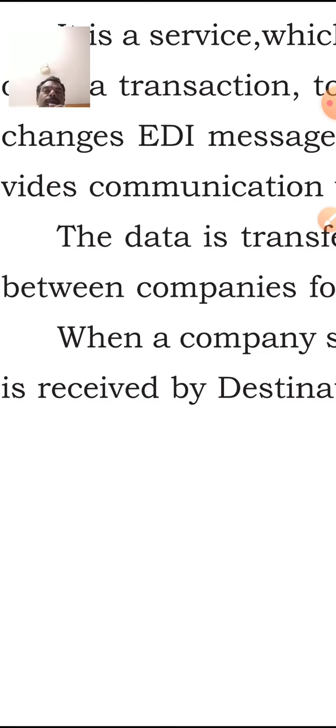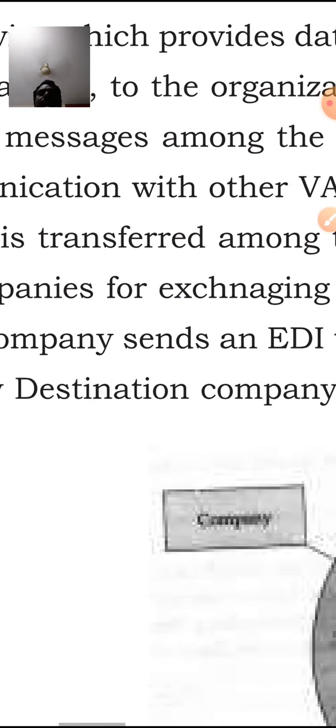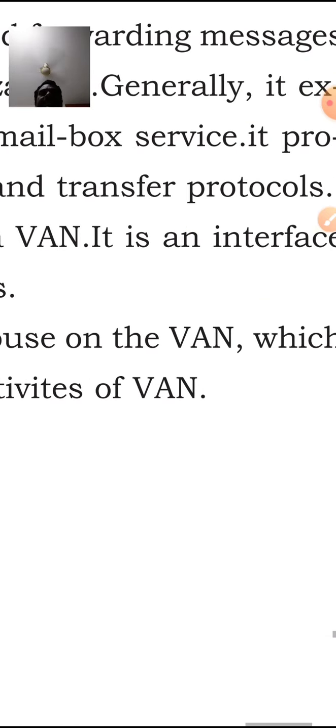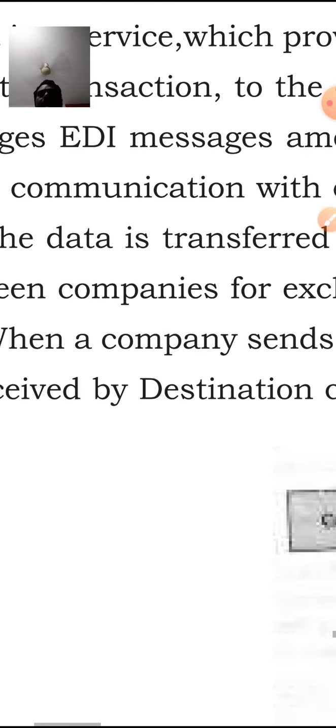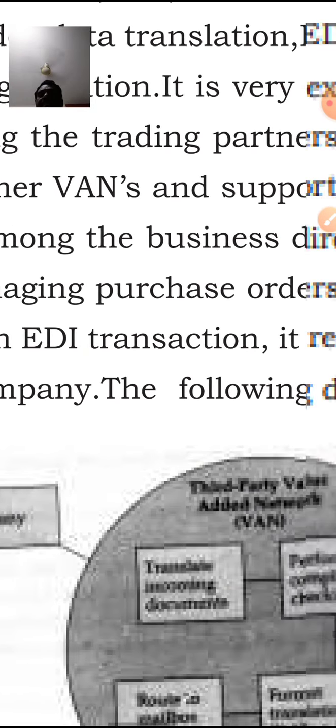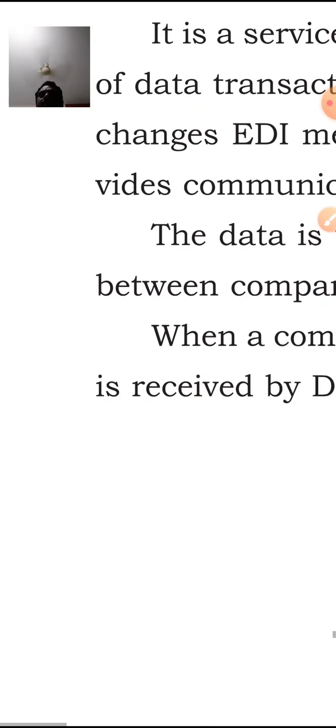With the help of this value added service, the data is easily transferred among the connected people directly, without any delay. It is an interface between companies for exchanging purchase orders, invoices and payments.